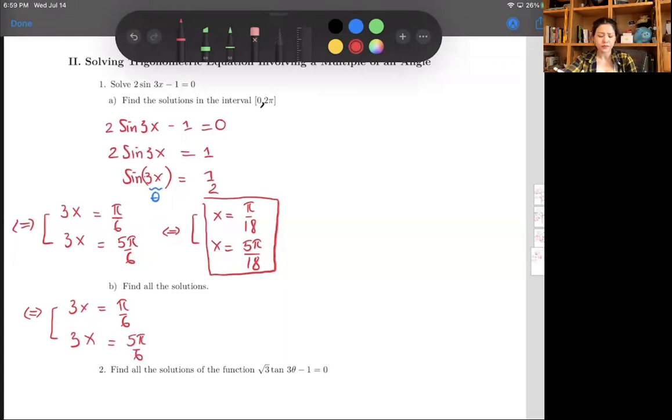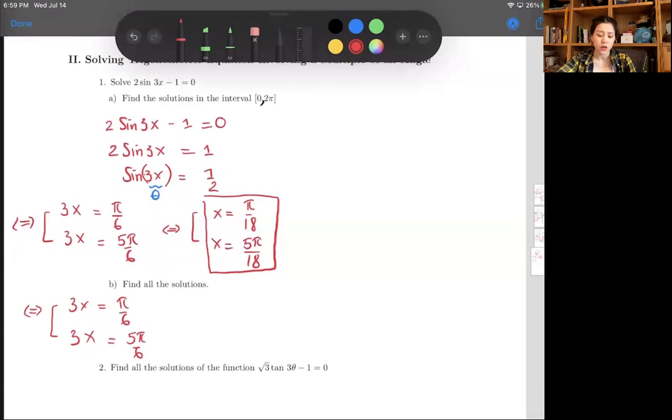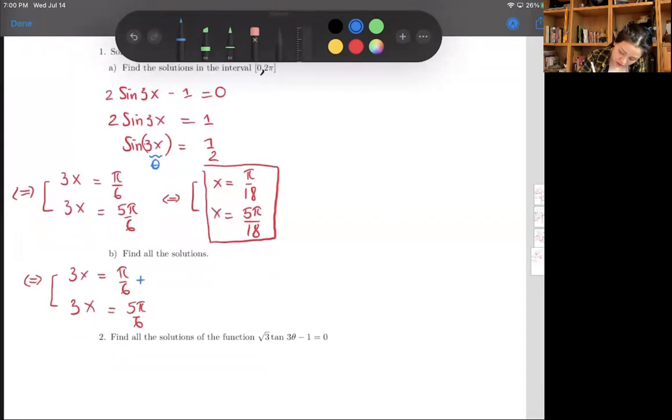Because this is the sine function, we're going to add 2k pi at the end. Remember what we talked about in the previous video, because the period of sine or cosine is 2 pi, where k is just an integer, like 0, 1, 2, 3, 4, or -1, -2, -3, etc.